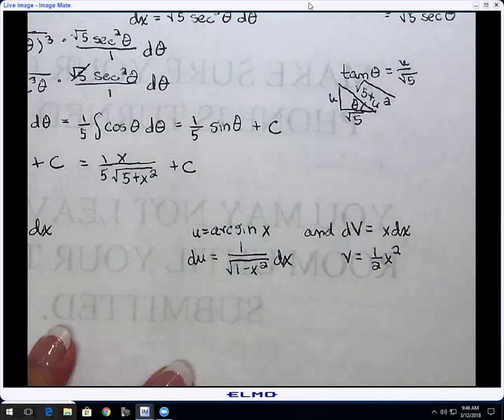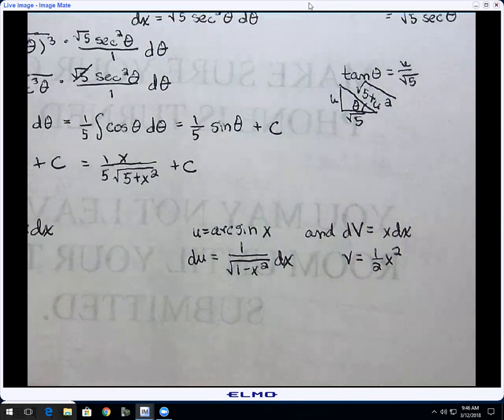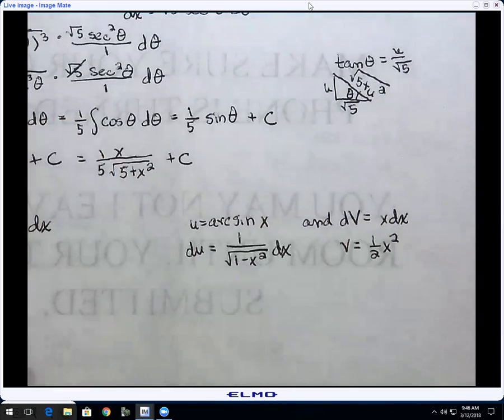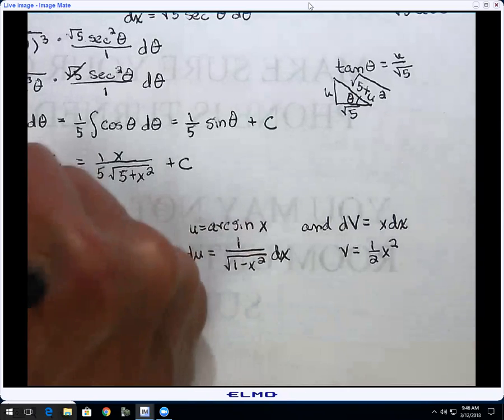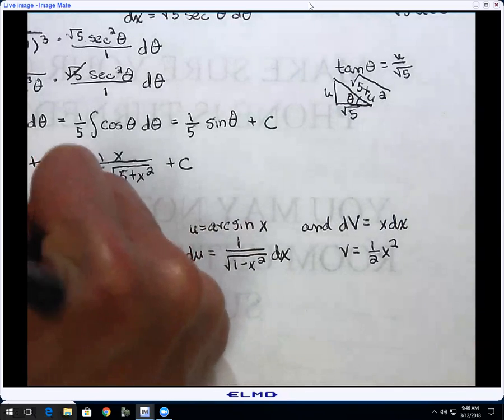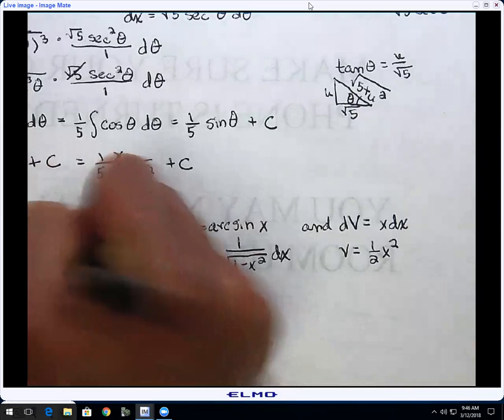All right. We have all the parts that we need to do integration by parts. It starts with what? u times v is 1/2 x squared arcsine x. That's uv, and then what? Minus the indefinite integral of v du.